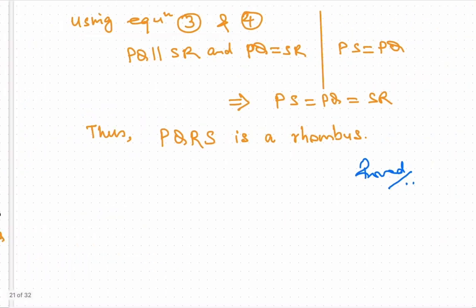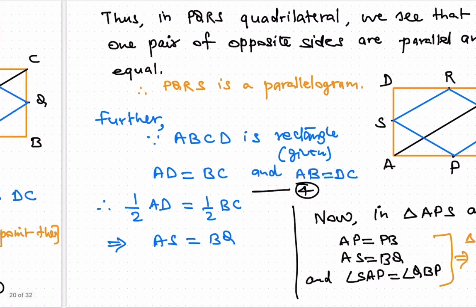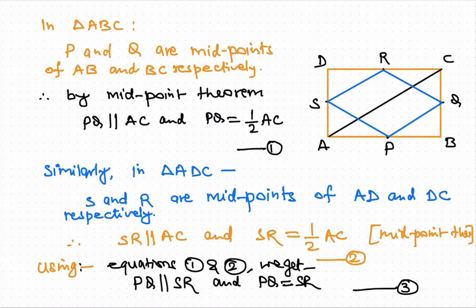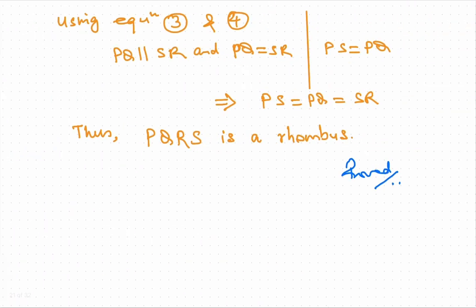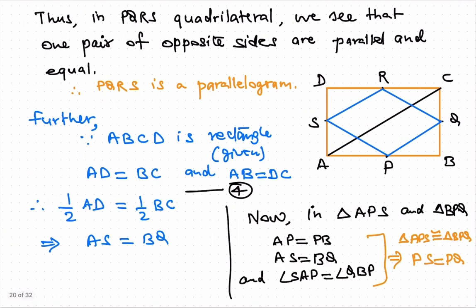Therefore, using equation 3 and 4, so this is equation 4 and this is equation 3. So this gives that PS is equal to PQ is equal to SR. Therefore, we have all three sides of this parallelogram equal, and this is already a parallelogram, and if three sides are equal, that means the other side will also be equal.